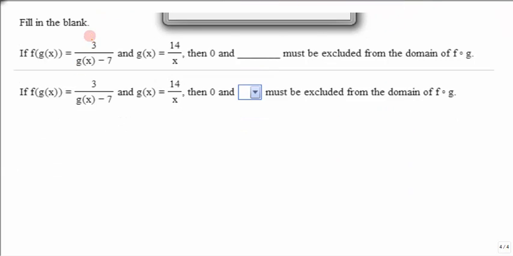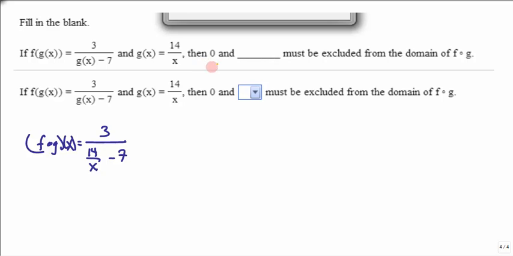Over here they're saying my function f is basically 3 over x minus 7, and I need to plug in this entire function g. G is 14 over x. Okay, so let's try that. So this would be 3, and then g of x is equal to 14 over x minus 7. So this is f of g of x.